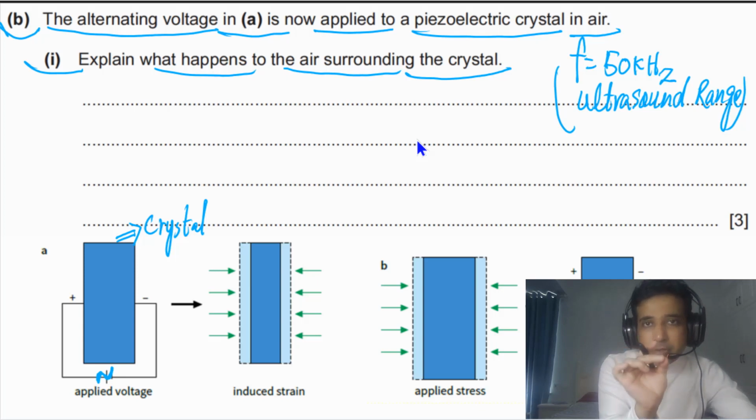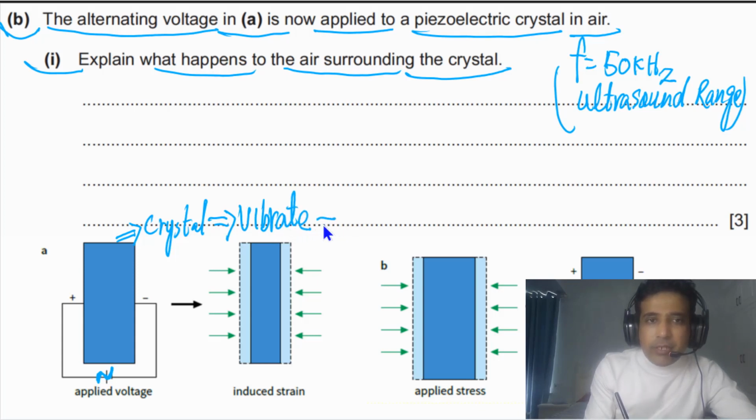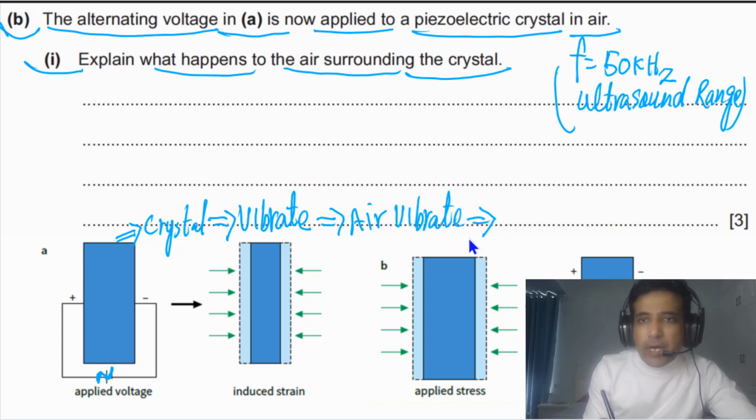So in this case, we will say first thing, alternating voltage will cause the crystal to vibrate. And when this crystal vibrates, the crystal will cause the surrounding air to vibrate. The surrounding air will vibrate at a frequency in the ultrasound range. So these 3 points you need to understand. If you write down these 3 points, you will get 3 B marks.